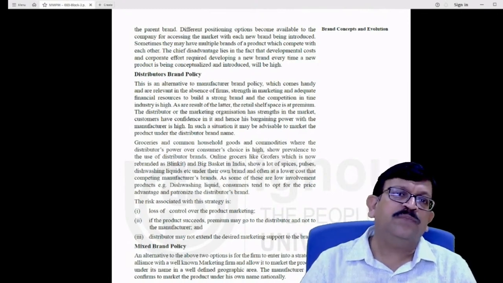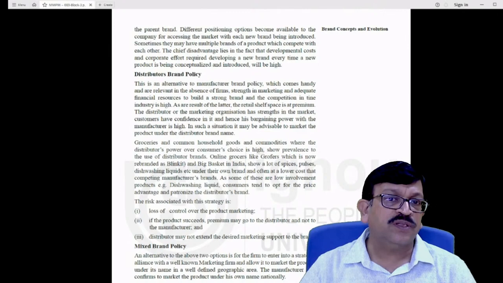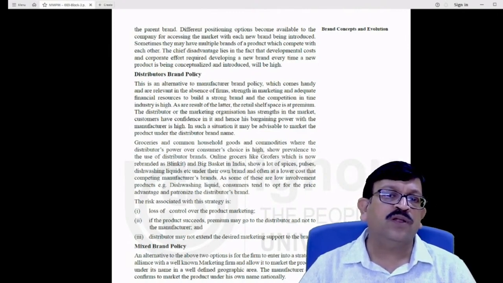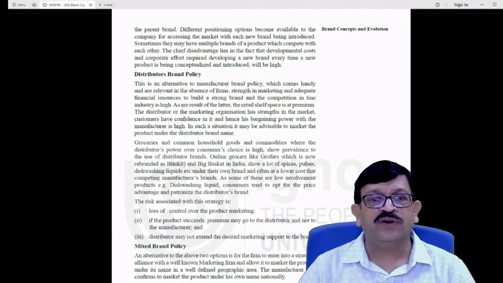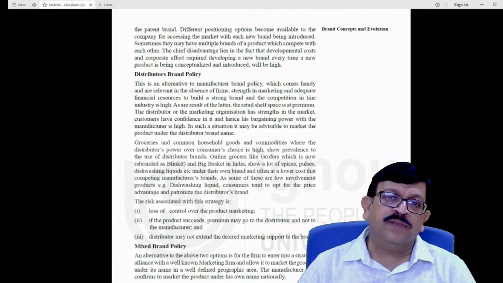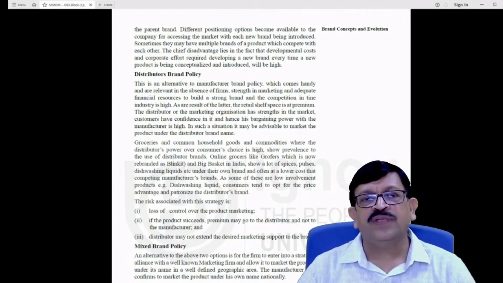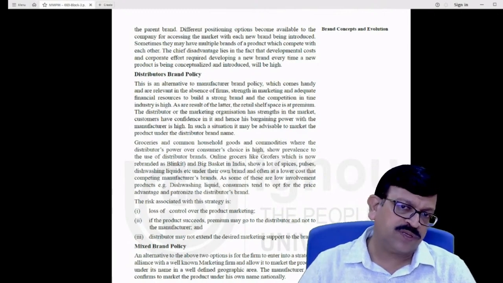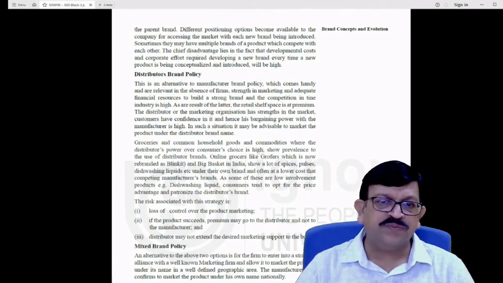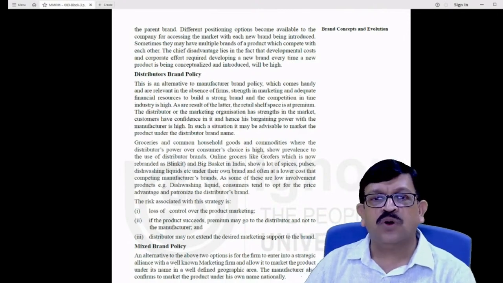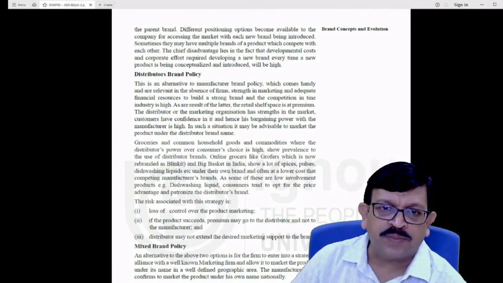Now coming to the other type of branding policy, which is for the distributor. You must have seen that online grocers like Grofers, Big Basket, Reliance Smart have been able to consolidate the marketplace in terms of the distributor's brand policy, because they've been able to convince people and have been able to give more stronghold to the brands which they are representing.